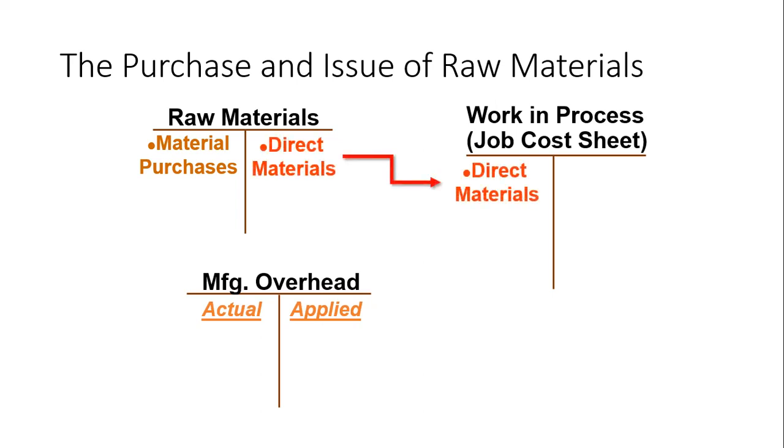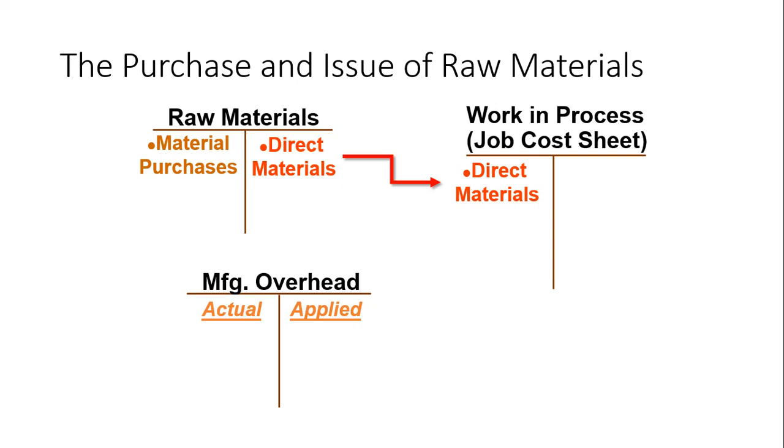Okay. And then when we use the direct material, once it is purchased, we keep it in the store. Then once production requests to use the material, we put it on the credit side, meaning the material is out from the store.